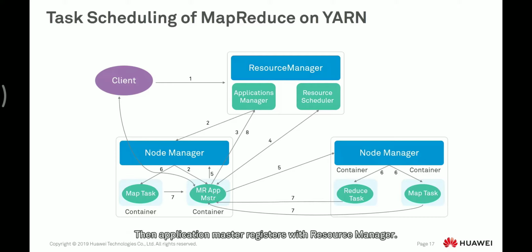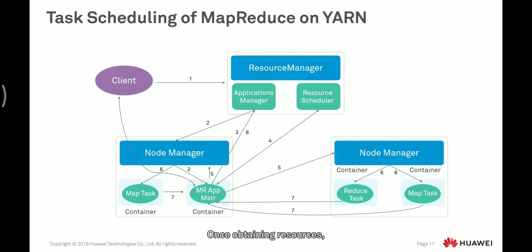Then, application master registers with the resource manager so users can directly view the operating status of the application programs. After that, application master applies for and obtains resources from resource manager in polling mode using the RPC protocol for each task and monitors the tasks until finished.